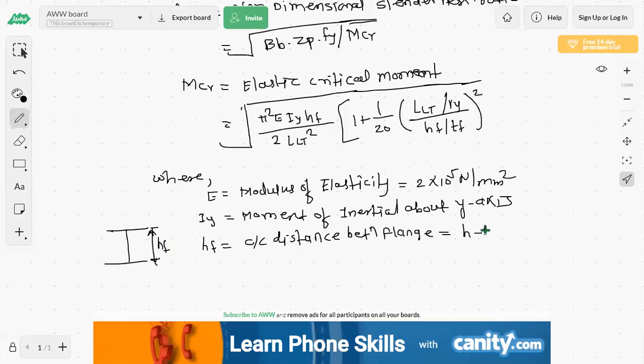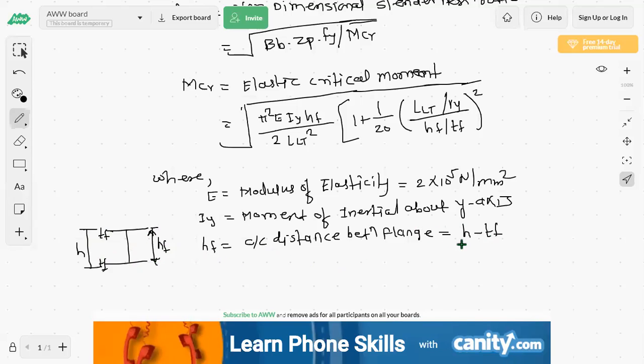HF is H minus TF, because the total value is H. This is the thickness of flange, again this is the thickness of flange. If we subtract one thickness of flange from this, we get the center to center distance between these two flanges.